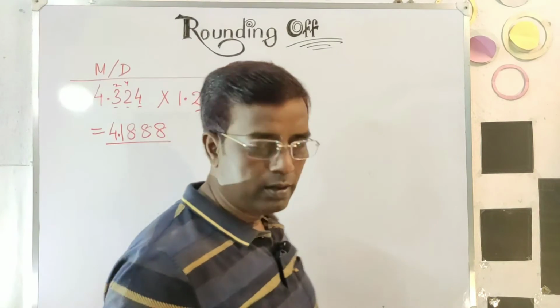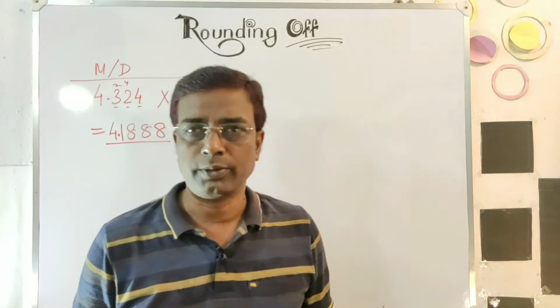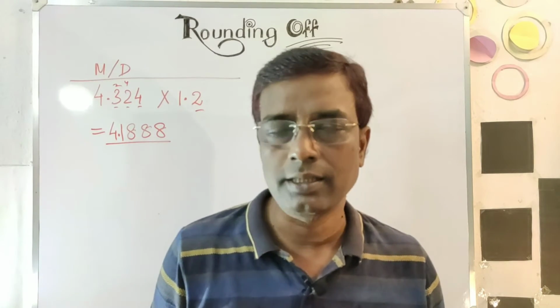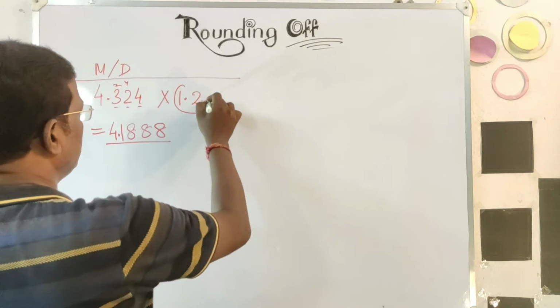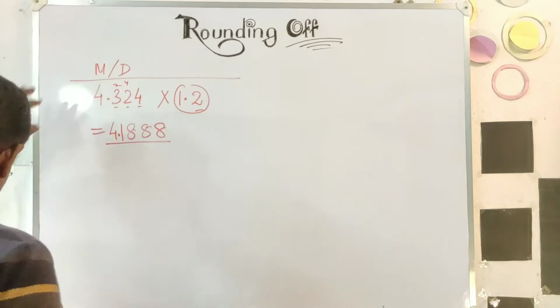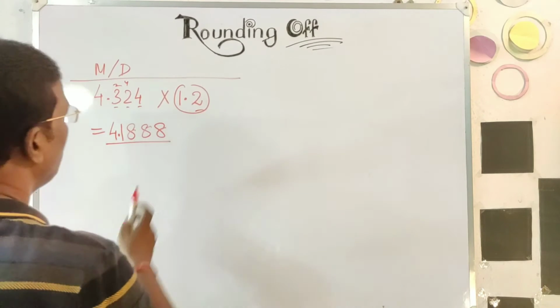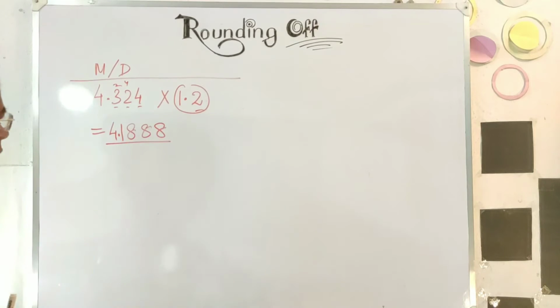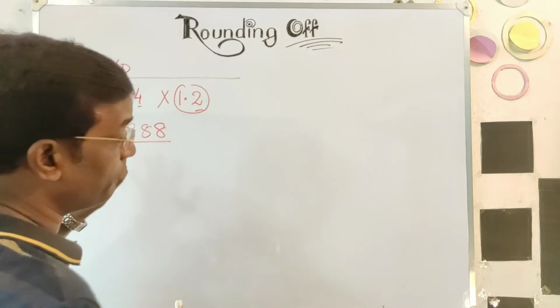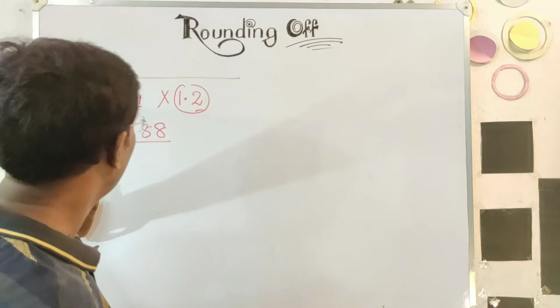Now this will be an option also in the answer, but this is not the correct answer. Here a rule is there. In the case of multiplication and division, we have to check the number which has the minimum number of significant figures.